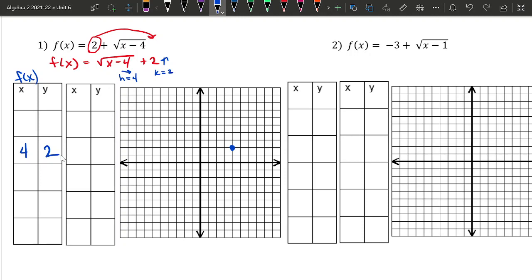So if you're using a TI, you do the y equals button, type in the function. So I have the square root of x minus 4 plus 2. And then if I do second graph, I'll get a table of values.